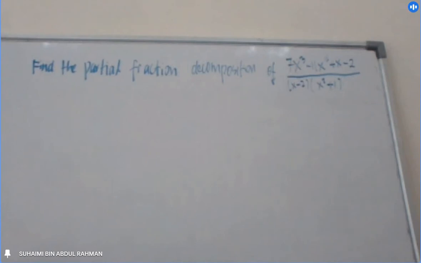Find the partial fraction decomposition of 7x cubed minus 11x squared plus x minus 2 over x minus 2 x squared plus 1.